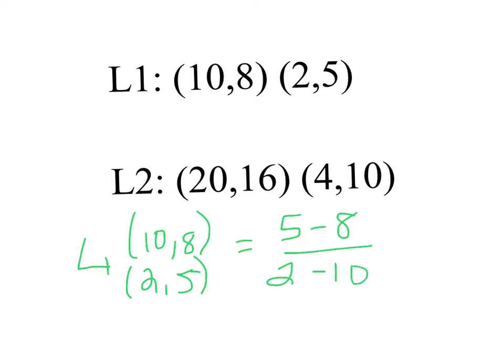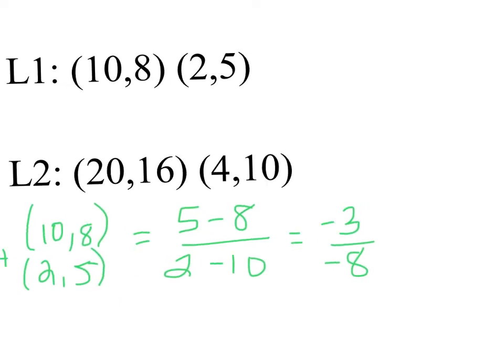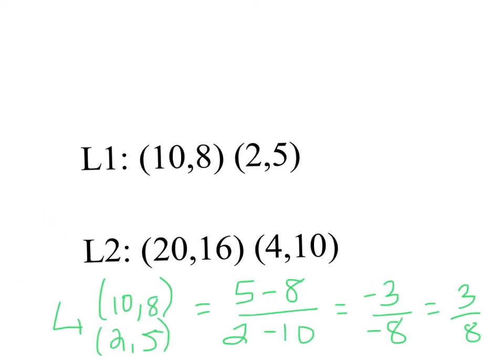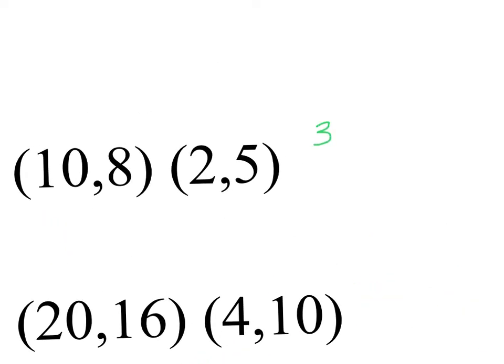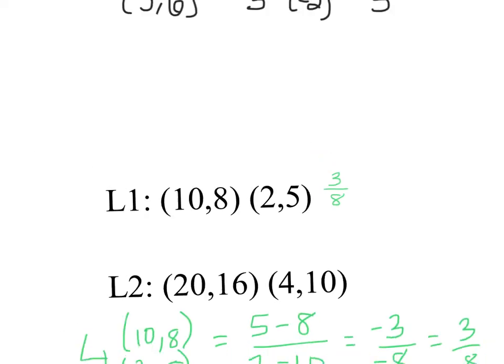Since I started with 5 in the y's, I'm going to start with the corresponding x in the 2's. So what is 5 minus 8? Negative 3. What is 2 minus 10? Negative 8, which gives me positive 3/8. Okay, make sure that you simplify all that good stuff. So positive 3/8.